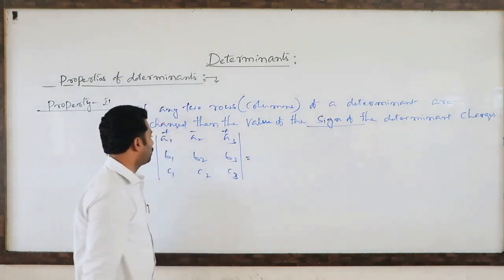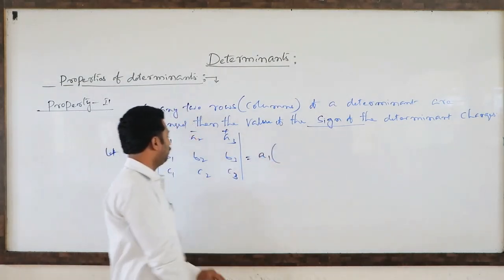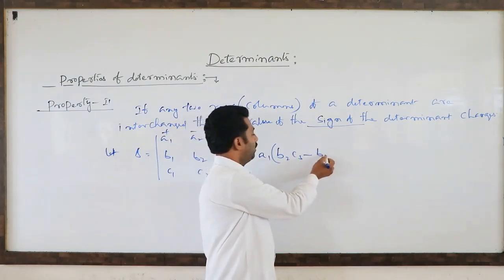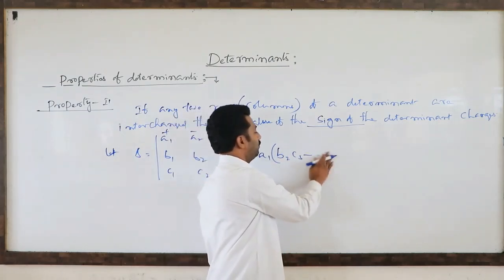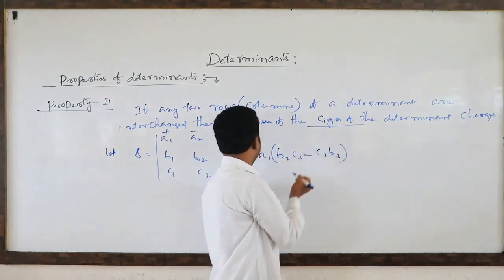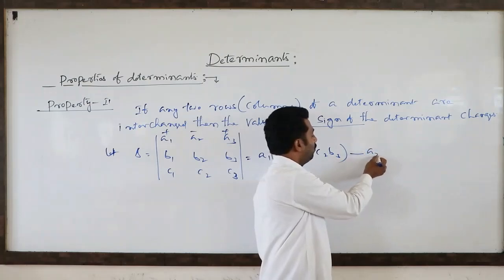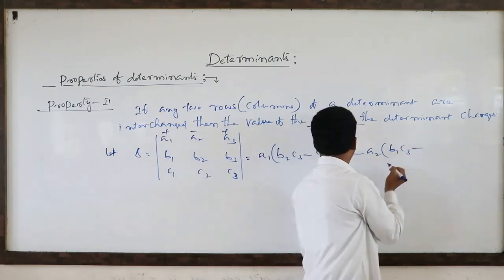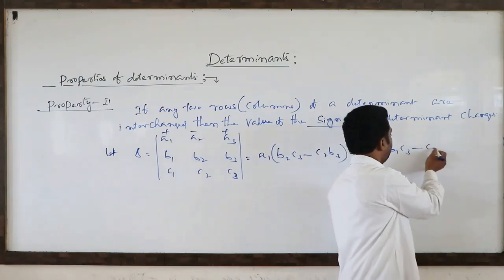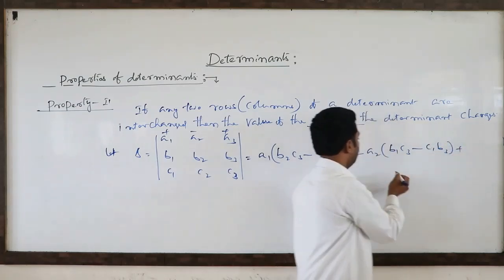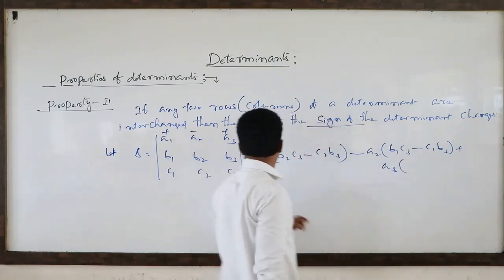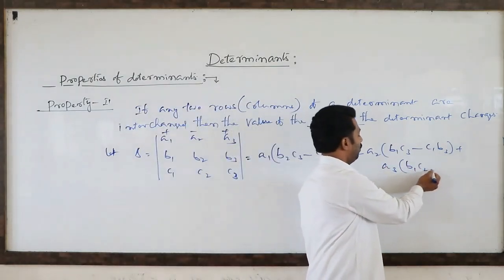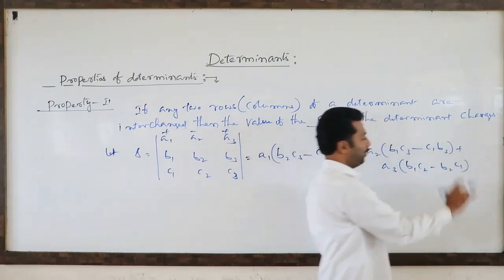Expanding along the first row, this is A1 into (B2 C3 minus C2 B3), minus A2 into (B1 C3 minus C1 B3), plus A3 into, closing this column and this row, (B1 C2 minus B2 C1).